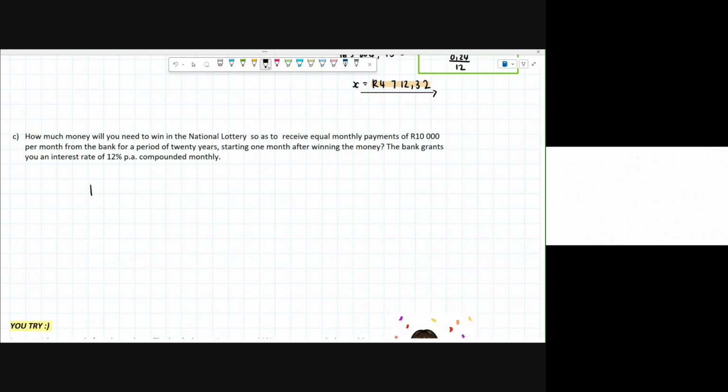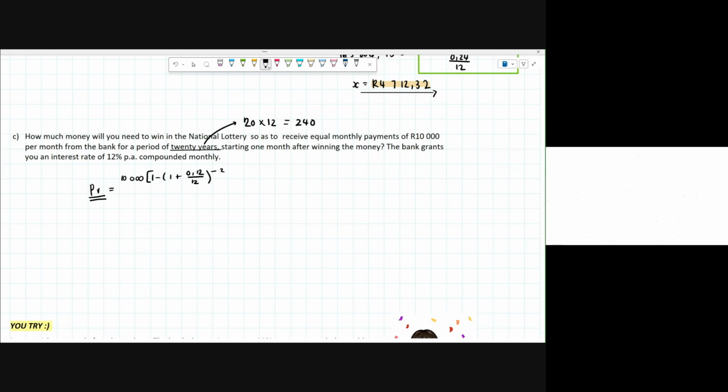So again, think about your formula. We are trying to work out what we need to win now. What lottery amount do I need to win right now so that I can get these 10,000 Rand payments? That means our X is 10,000 Rand. 1 minus 1 plus the interest, so 12% compounded monthly, so we divide by 12. And then because we wanted it for a 20-year period, 20 years with 12 monthly payments gives me an exponent of 240.